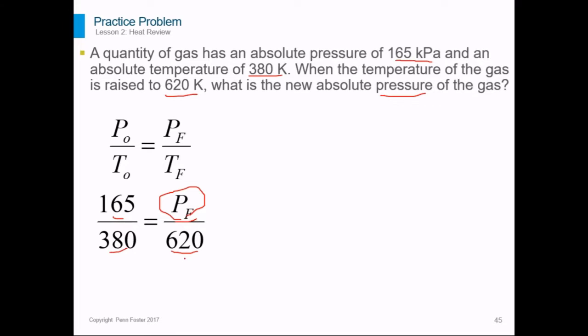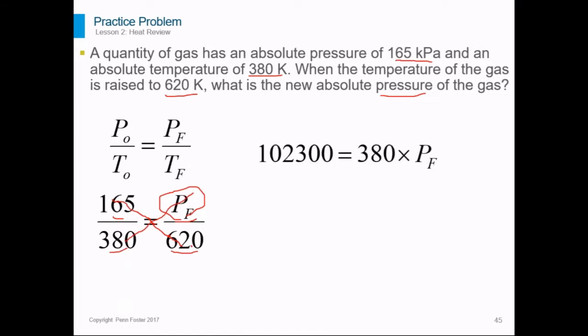So if you remember that from math class, you're going to take the numbers diagonal from each other and multiply them. So this number times this number is equal to this number times this number. Okay, so it looks like this.